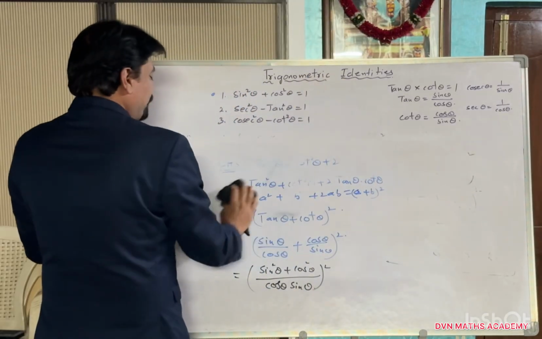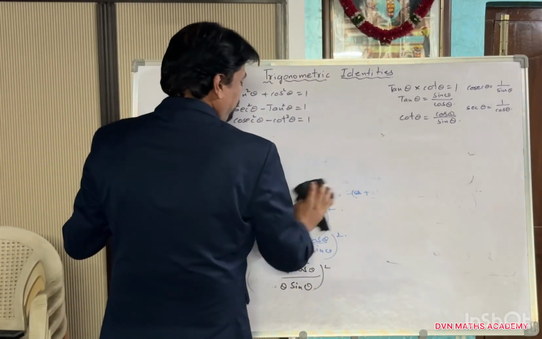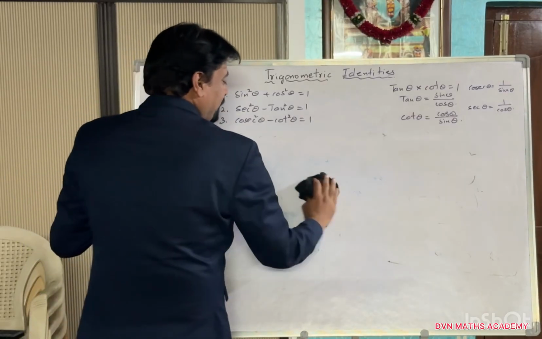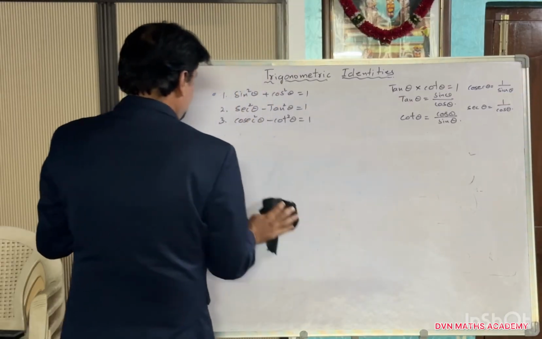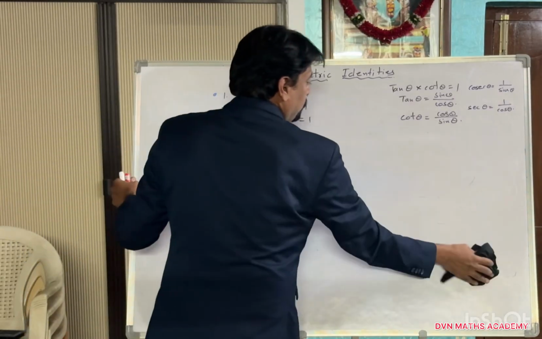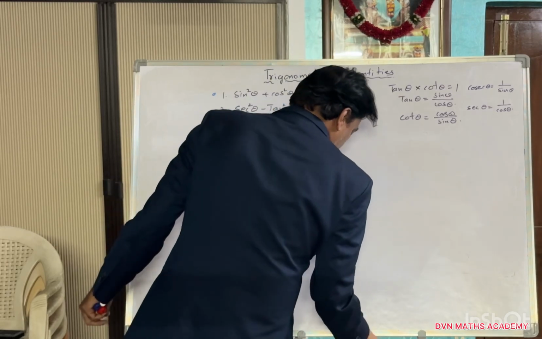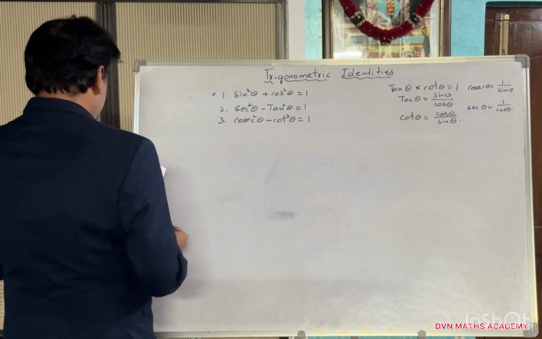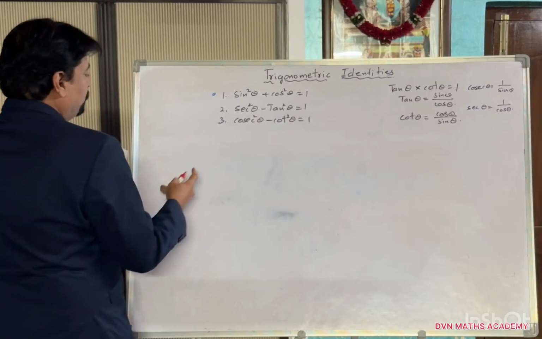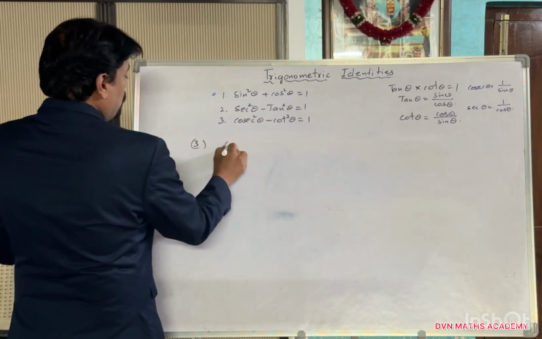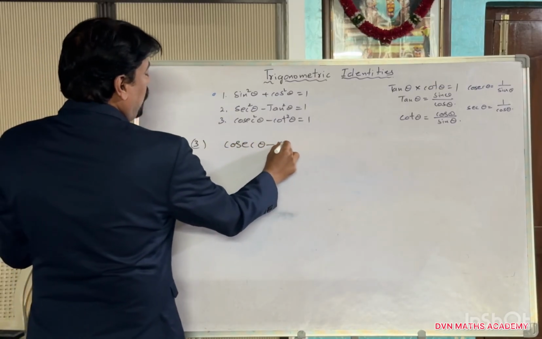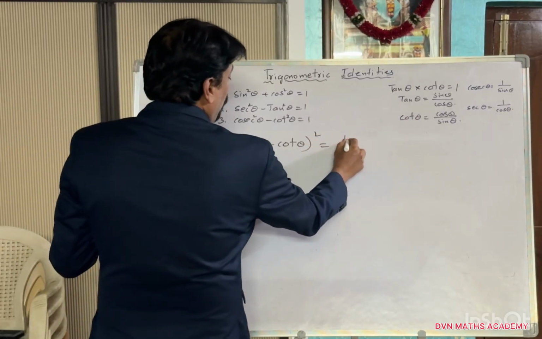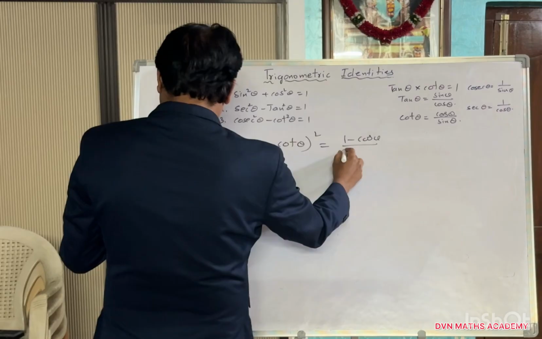I will go for the third question. This third question is also very interesting. So my third question is: prove that (cosec theta minus cot theta) whole square is equal to (1 minus cos theta) by (1 plus cos theta).